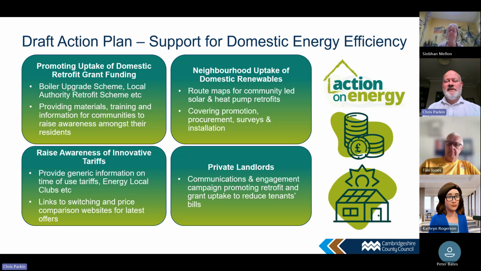So there are benefits to capturing more energy efficiency upgrades in the private rented space. So potentially the council could support in this area by a targeted communications and engagement campaign to promote uptake of those grants amongst private landlords, with the aim very much of helping reduce residents' bills.